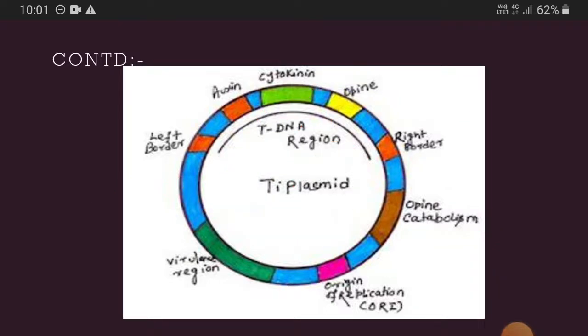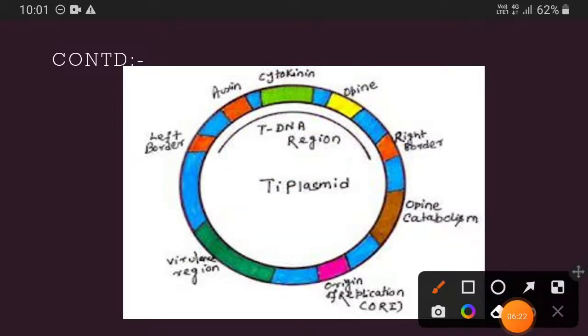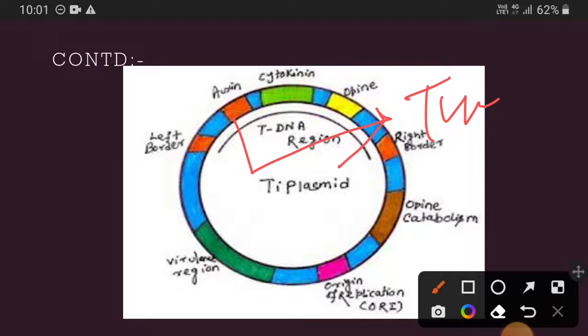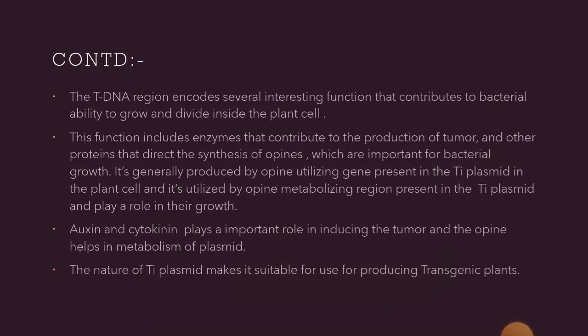So the Ti plasmid, upon transferring the tDNA inside the plant nucleus, facilitates tumor production as well as its own growth. So this is a very useful relationship for the Ti plasmid along with the plant. So that is the normal thing that is going on.